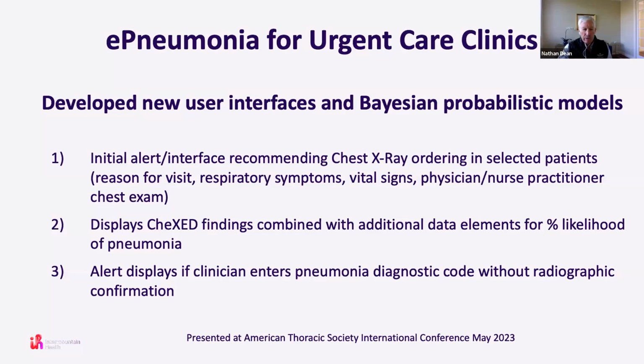But then we're going to put in an alert that we already have ready to go that will display if the clinician enters a pneumonia diagnostic code and they didn't order an X-ray or the CheckCD didn't detect pneumonia on the film, again, to drive use of e-pneumonia and use of the logic that you have to have X-ray evidence to call it pneumonia. And we presented this earlier this year at American Thoracic Society. Next slide.